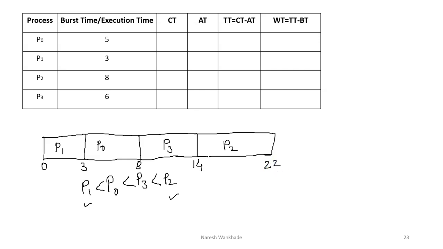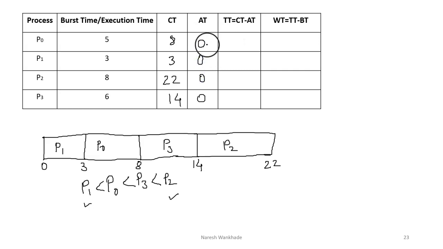So with the help of this Gantt chart we can compute completion time. P0 completes at 8, P1 completes at 3, P2 completes at 22, and P3 completes at 14. We have assumed that all processes arrive at time 0.